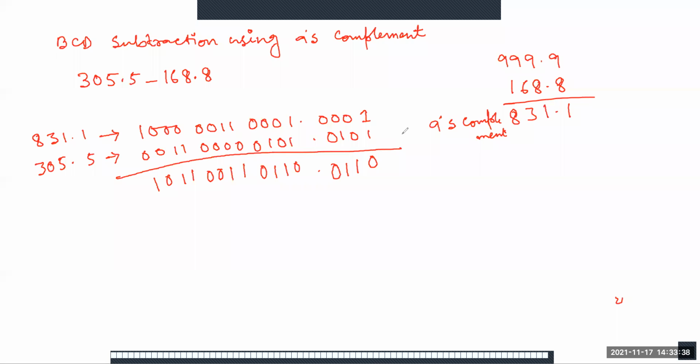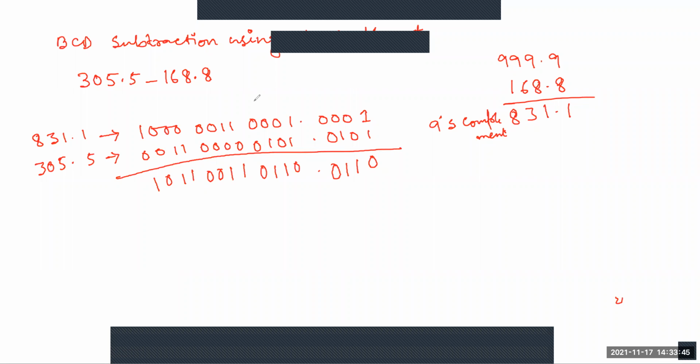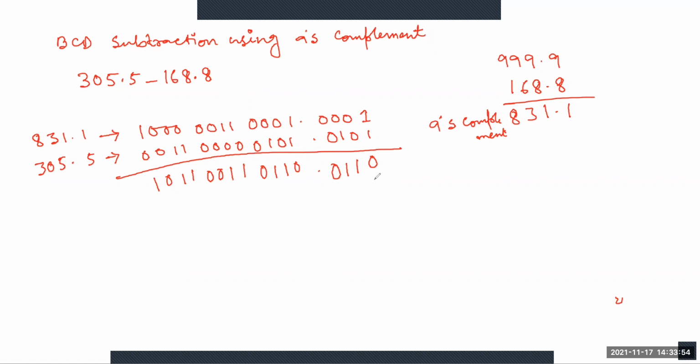The next step is to check whether this BCD addition is valid or invalid. First we check whether each group is greater than 9 or less than 9.